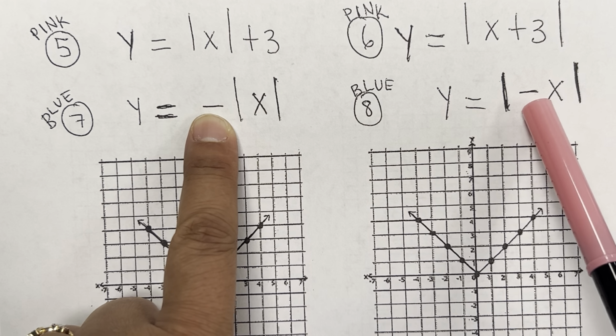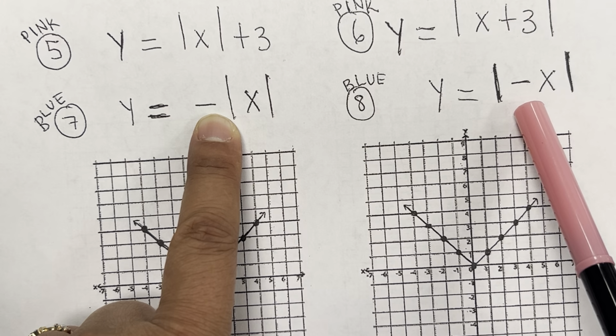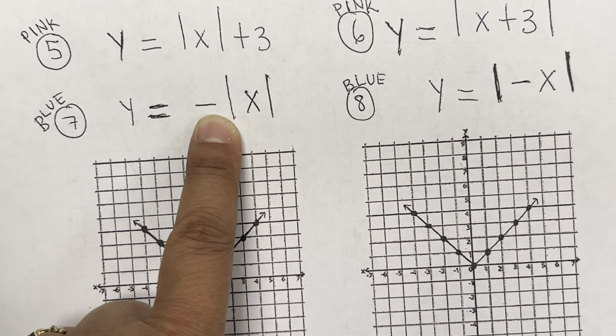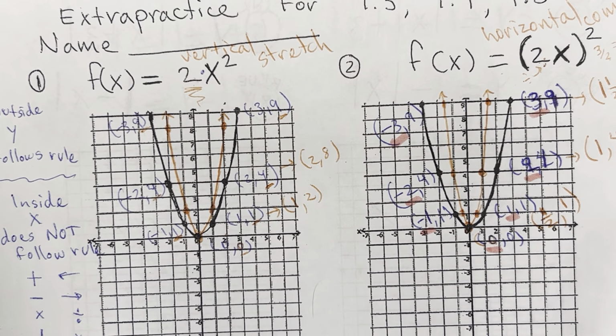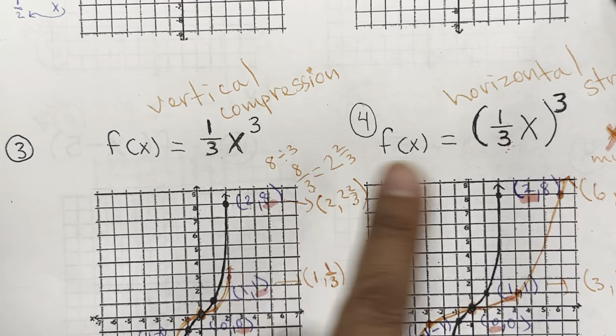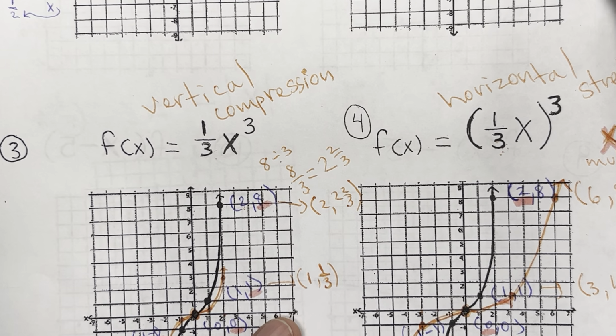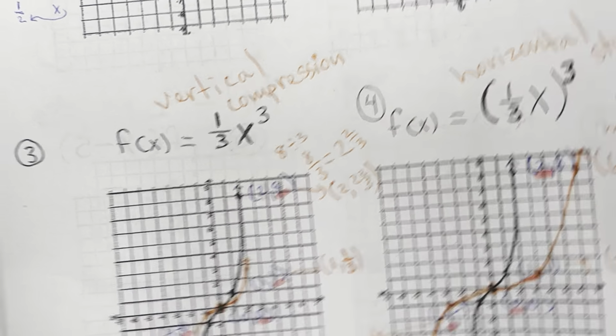When we have a negative on the left of the x, those are mirrors or reflections. When we have multiplication on the left also of x, that depends on if it's outside or inside. And also fractions, that's multiplication or division depending on where they are.